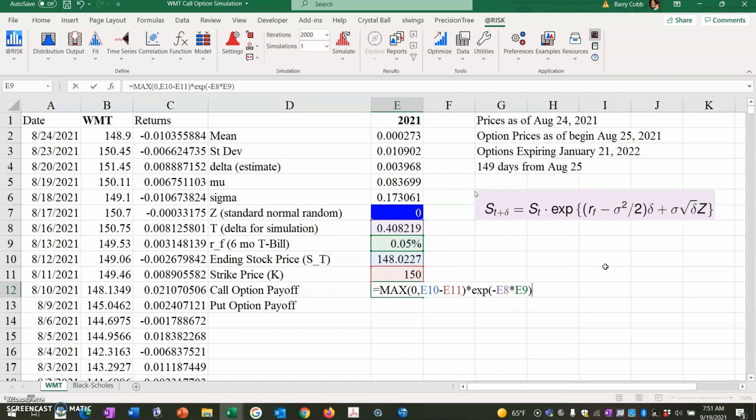Technically these cash flows for options are discounted at the risk-free rate because they happen in the future. It's a really small discount rate, so it's going to have hardly any effect in this case. So for some of the additional analysis, we may actually take this discounting factor out. For the put option, the payoff is the opposite, the strike price minus the ending stock price. And we'll put in the same discount factor.